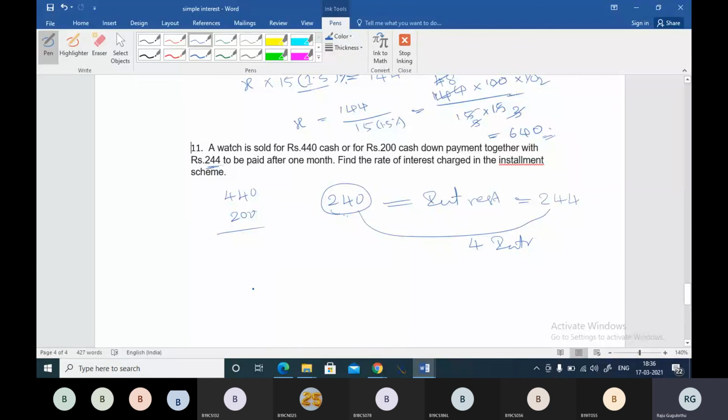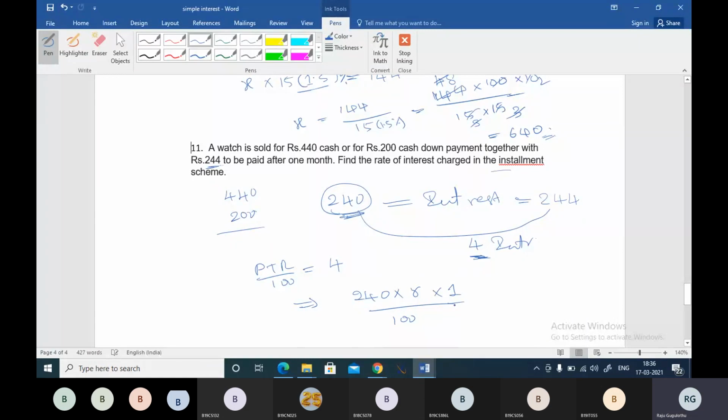So we want the rate of interest. We know the interest, 4 rupees, and the principal. PTR by 100 will give you the interest: principal 240 into rate of interest, which we have to find, into time of 1 month divided by 100.